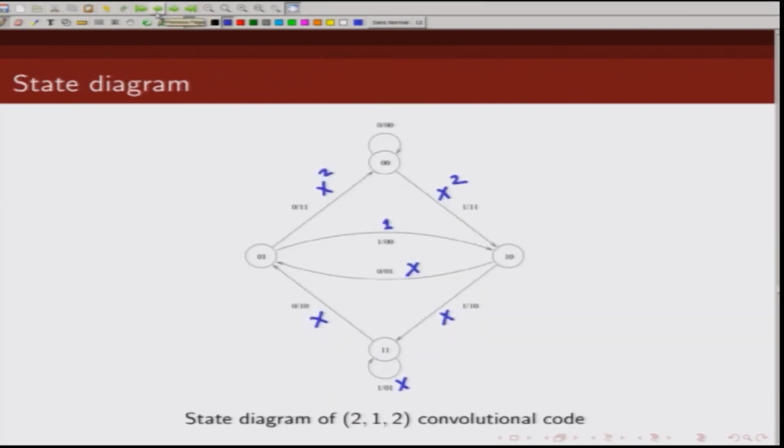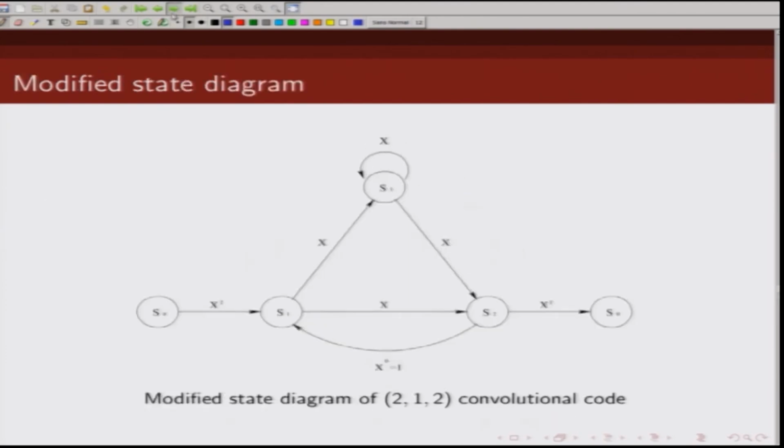I redrew the same diagram, but I labeled each transition by the weight of the output. So, you can see from 0 0 I am going to 1 0 and its output weight is 1 1, which is x squared. So, let us go back here, from 0 0 I am going to this state and output is x squared. This branch is labeled by x squared.